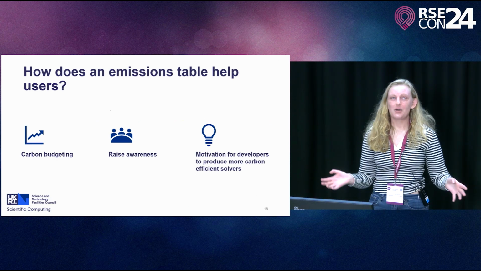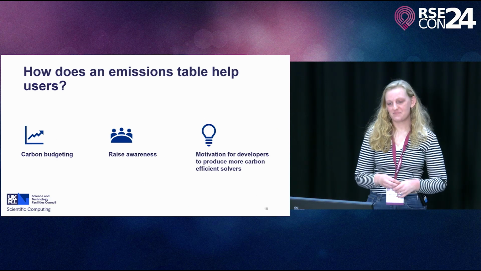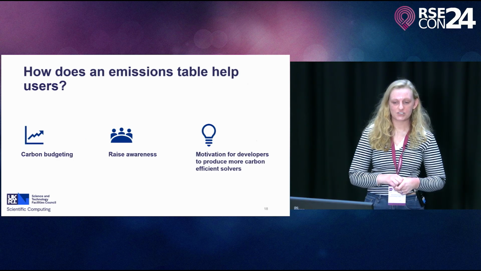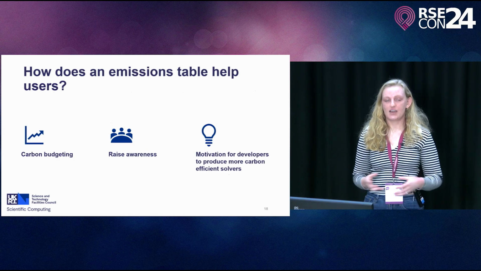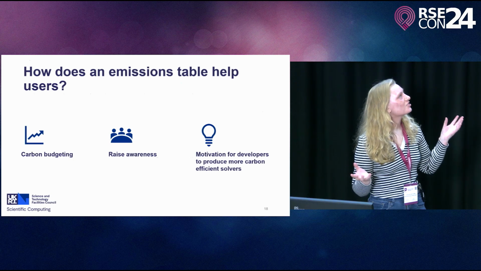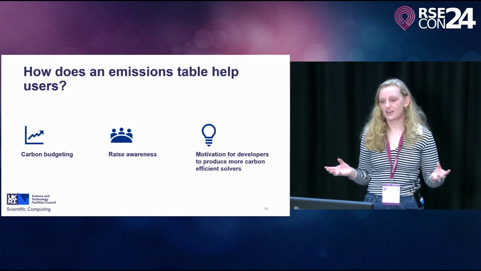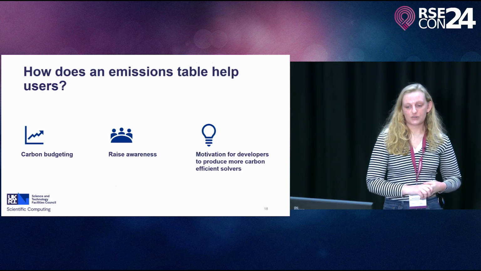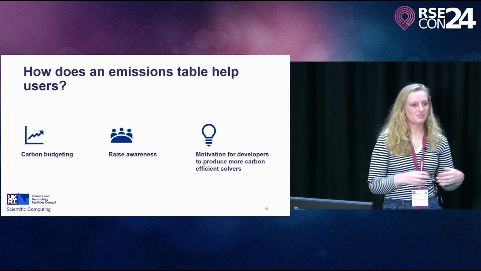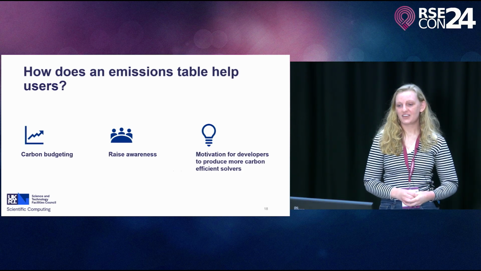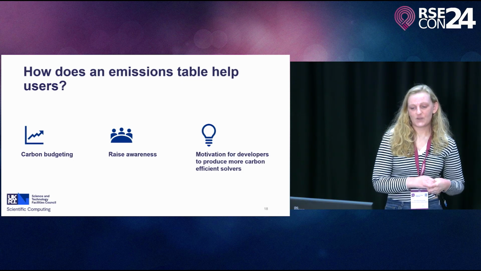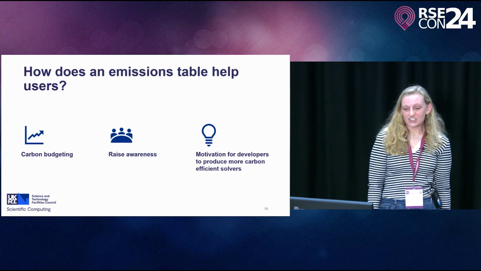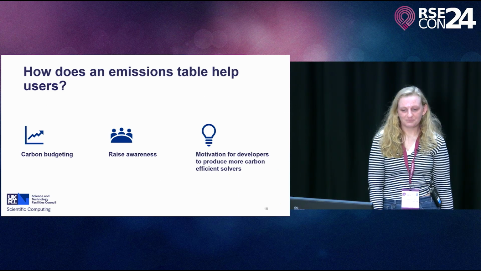So those are a couple of examples, specifically in fit benchmarking, of what users might look out for in the emissions table. But more generally, how does having an emissions table or emissions tracking help users? Carbon budgeting is a policy that's on the horizon, and so when it comes to planning projects, we'll need to start budgeting for carbon like we do for staff time.